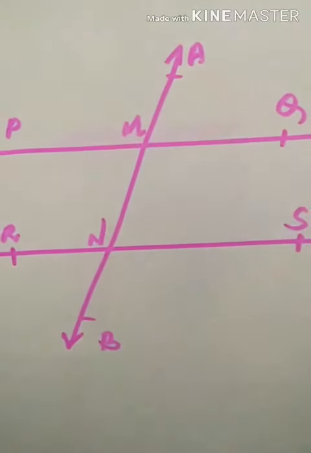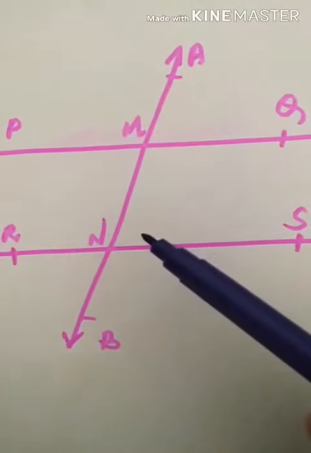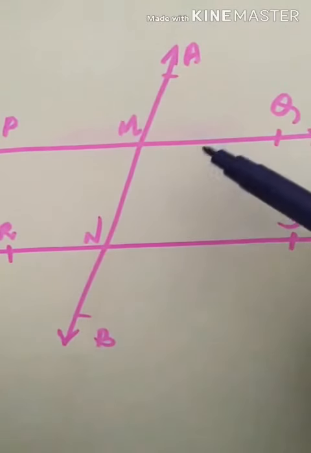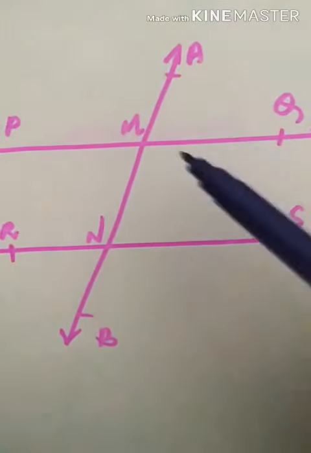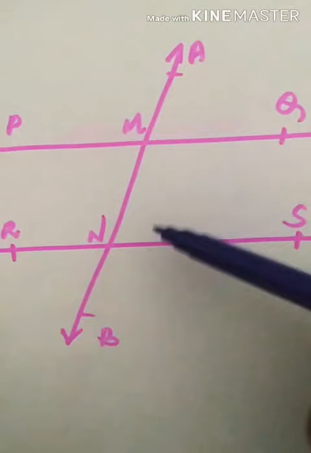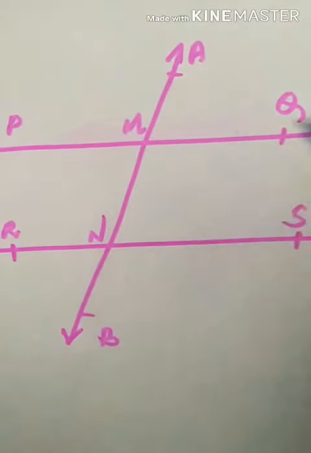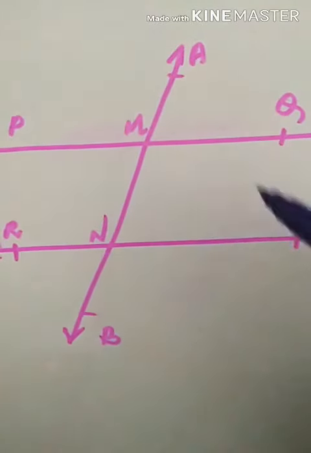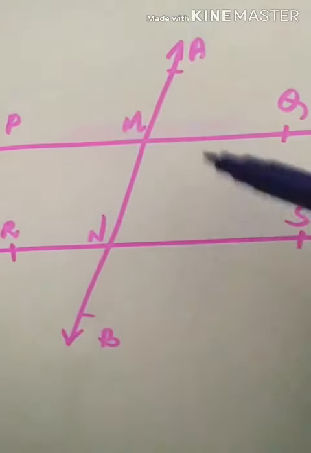So, in this figure, which are the corresponding angles? When the lines are parallel, then the corresponding angles are congruent. I repeat, when the lines are parallel, then the corresponding angles are congruent. Or in other words, if the corresponding angles are congruent, then the lines are parallel.